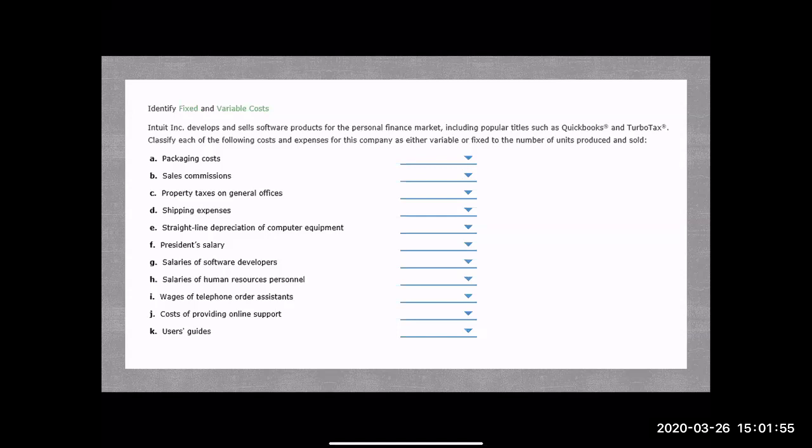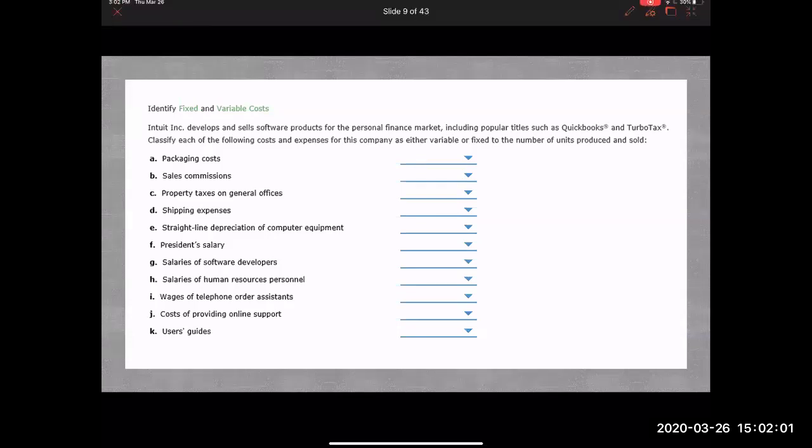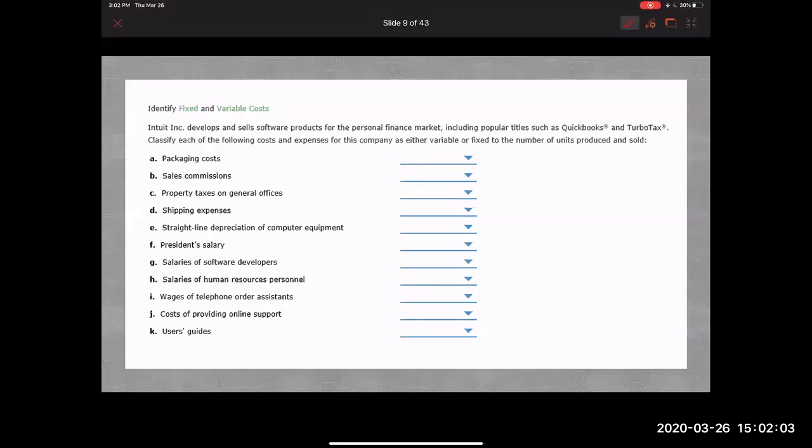All right, our very first one is packaging cost. How would you record that one? In my mind, because packaging depends on the number of packages you ship, your packaging cost will be variable.